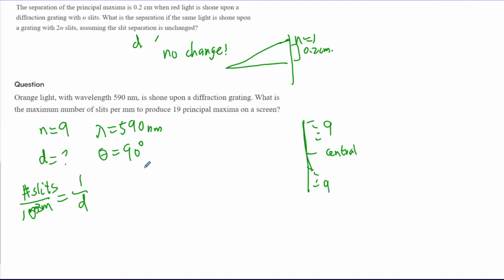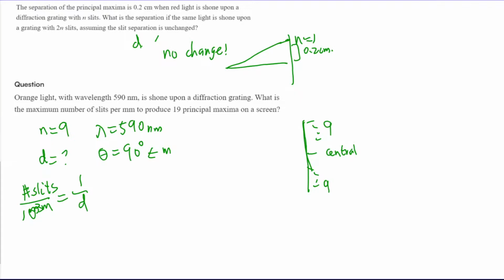So it's maximum possible, which means you have the widest possible separation, which means you achieve the 19th maximum at around 90 degrees. So that's what's actually happening, right? Because this is maximum possible, widest possible. Widest possible is 90.